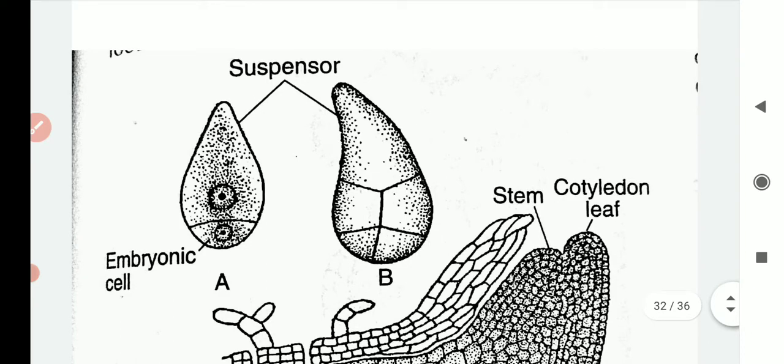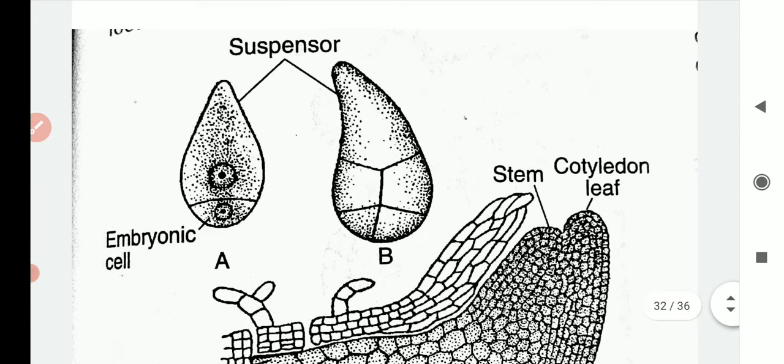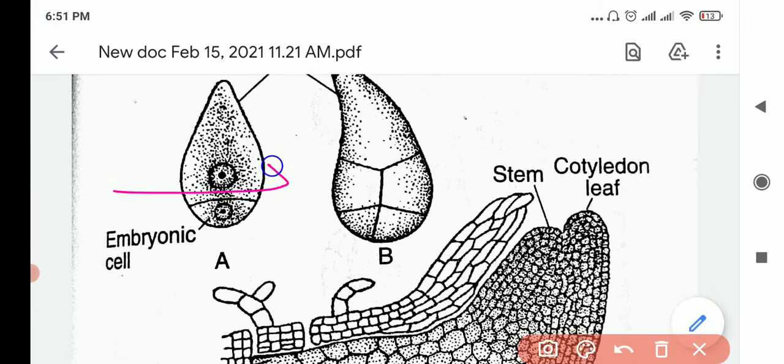So what we saw is that first there was this division this way. Then this suspensor cell does not divide, but this embryonic cell will keep on dividing into a multi-celled embryo.